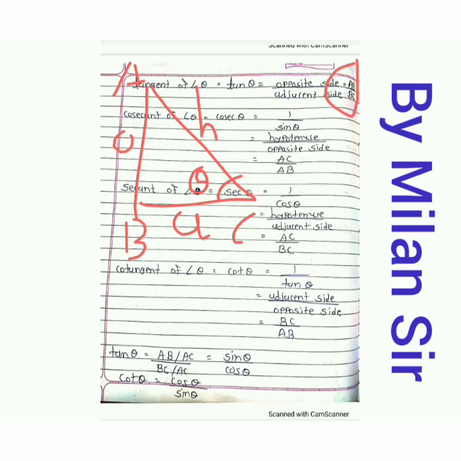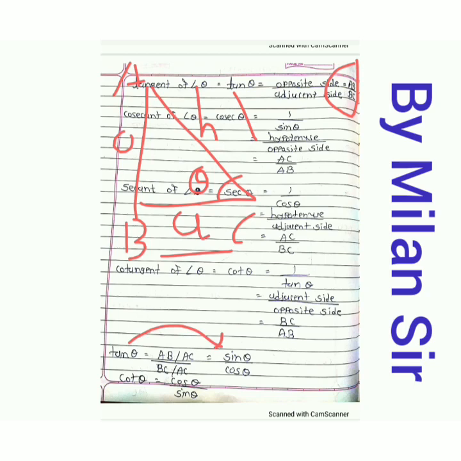So now AB by AC is the formula of sin theta, opposite upon hypotenuse. So in place of AB upon AC, I write here sin theta. Now in the denominator, BC upon AC, that means adjacent upon hypotenuse. It is the formula of cos theta. So I write here cos theta. So the second formula of tan theta is sin theta upon cos theta, right?